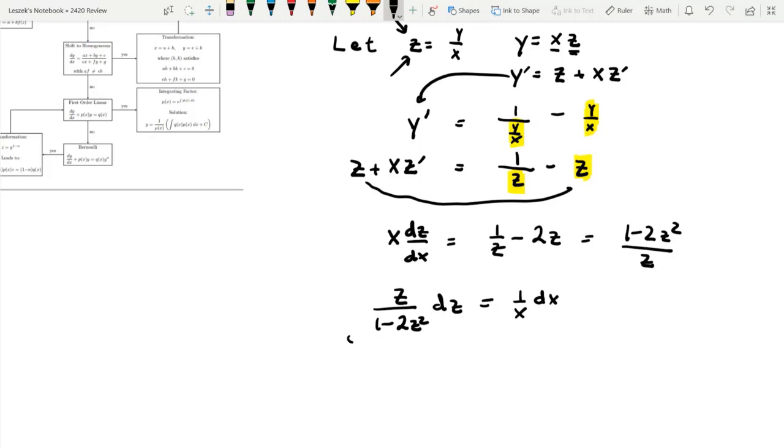And then anti-differentiate. So this should give you, on the left-hand side, it's a substitution. It should give you a log of some sort. So it'll give you log of 1 minus 2z squared. And then negative 1/4.